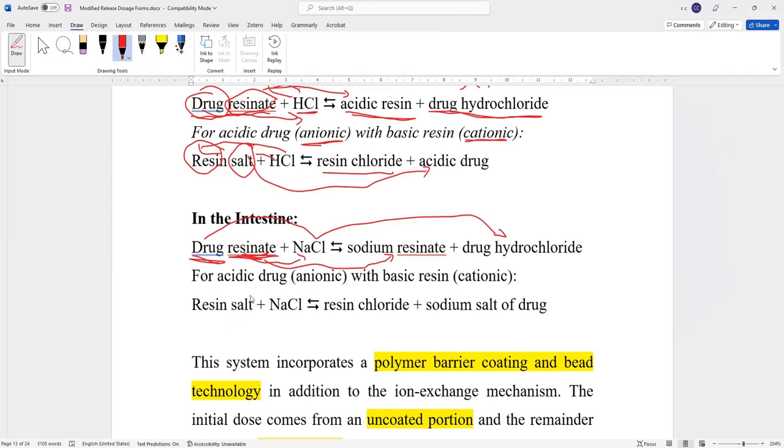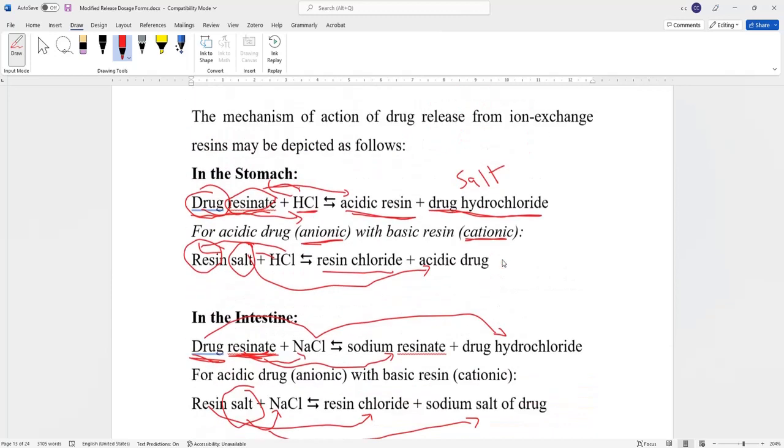Right, for an acidic drug, what is going to happen? Right, we said acidic drug. This is the drug salt. It will react with sodium, forming the sodium salt of the drug, while the resin will react with Cl, forming resin chloride. This is the way the release will happen.